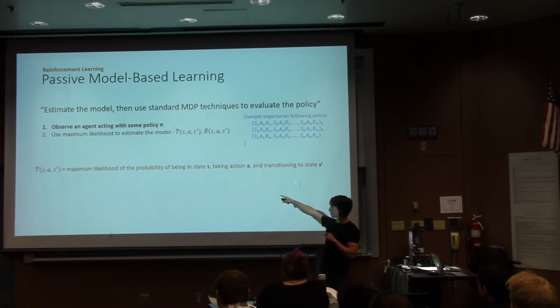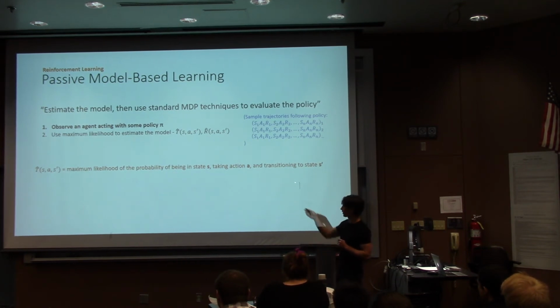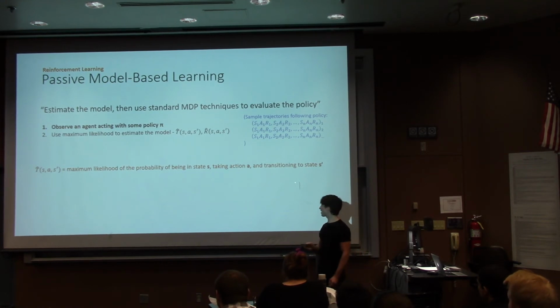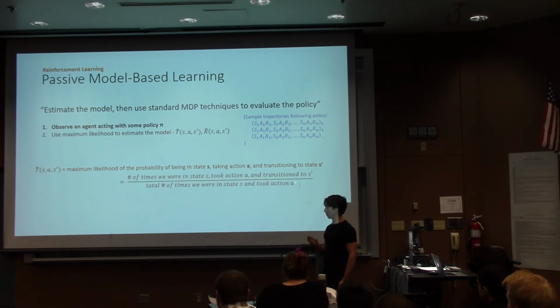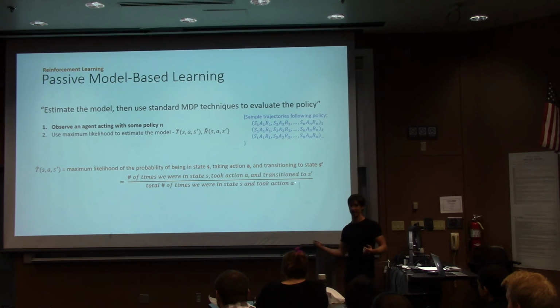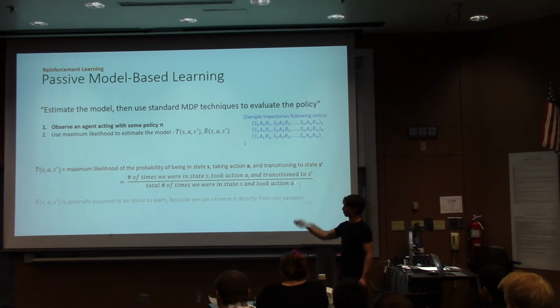In this case, for the transition function, it's the maximum likelihood of the probability of being in state S, taking action A, and transitioning to S prime, which can be calculated by the number of times that you were in state S, took action A, and landed in state S prime, over the total number of times that you were in state S and took action A. That will give you a probability for S, A, S prime.